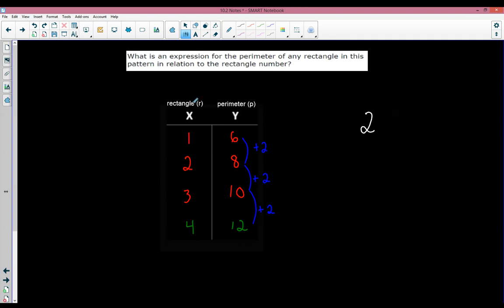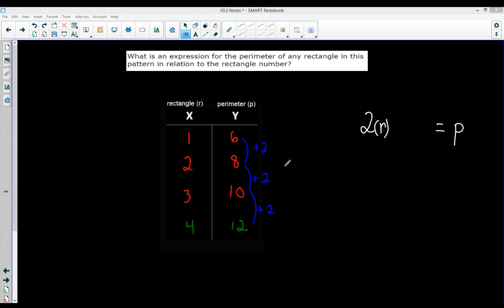In this case, the variable is our input, or rather, the rectangle number. So we will use that R to represent the rectangle number. That is going to give us the output, in this case the number of toothpicks, or the perimeter.